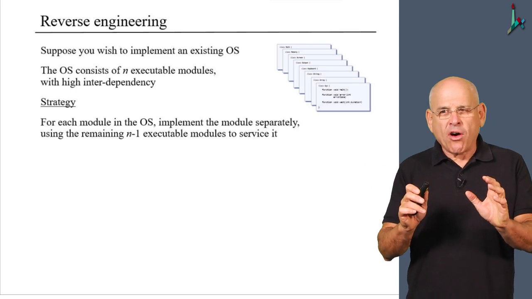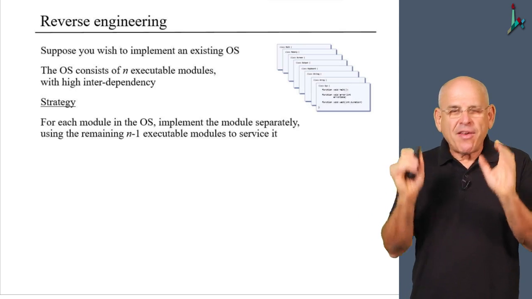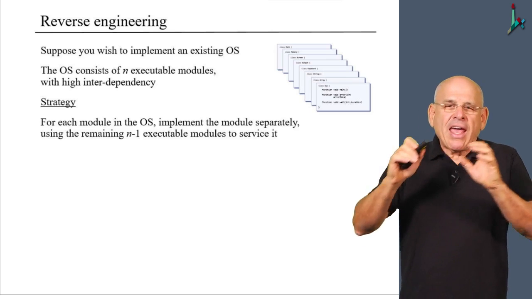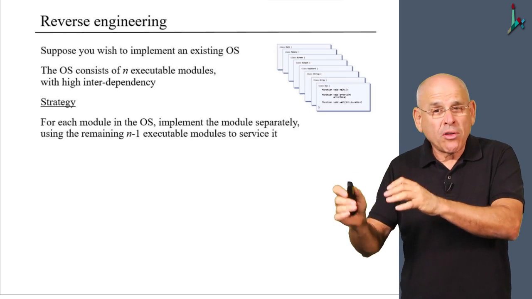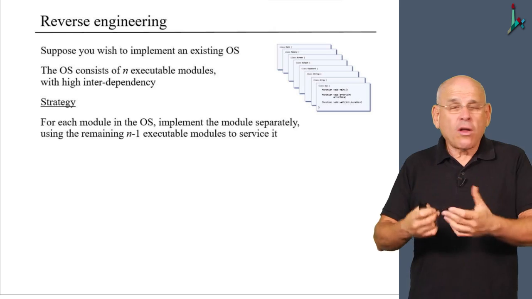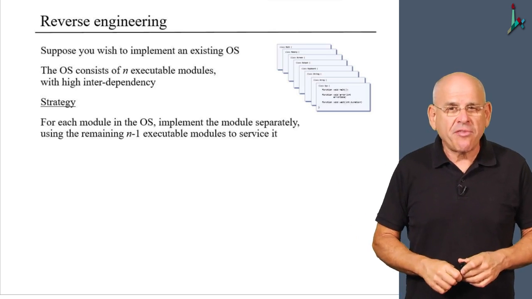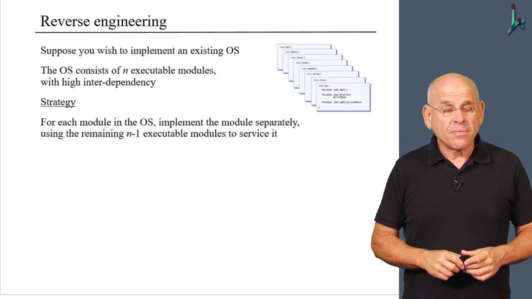For each module in the OS, you can focus on this module only, develop the source code of this module separately, and use the remaining n-1 executable modules to support it. So if your module will call a method in some other executable module for its effect, the executable module will be there to service the call.